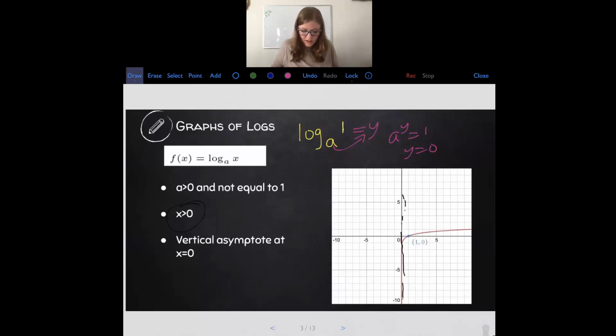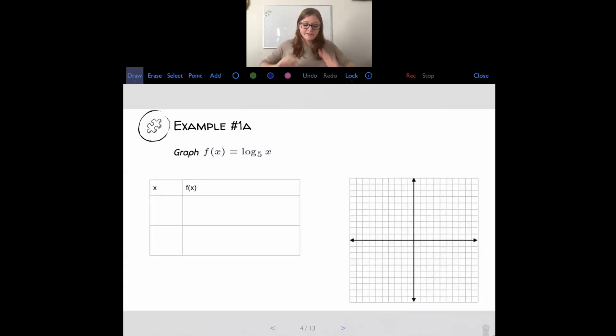Example 1: f of x is equal to log base 5 of x. When we're graphing these, there's usually only a couple of values that I plug in. I plug in x is equal to 1, because of what we just saw, that y would be 0 in a case like this. And then I plug in whatever the base is. In this case, the base is 5. Remember that this means that 5 to the y is equal to x.